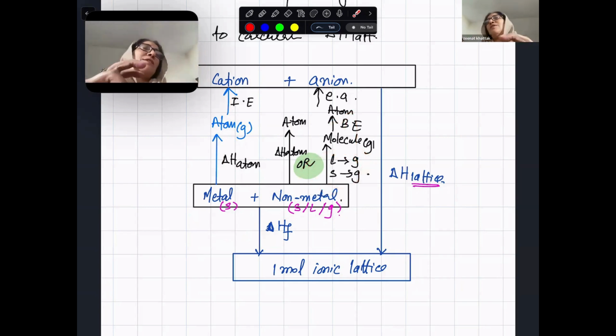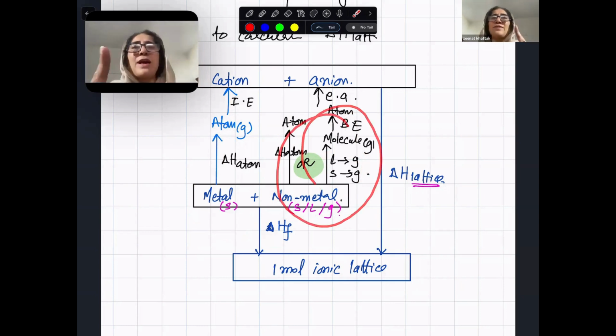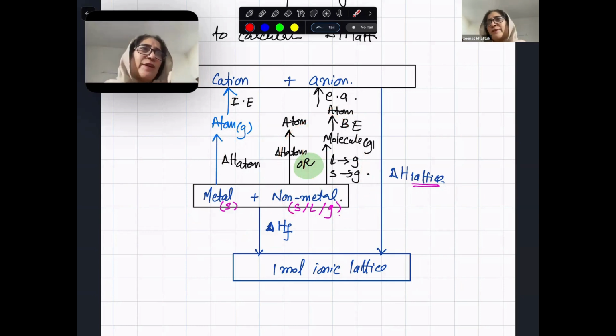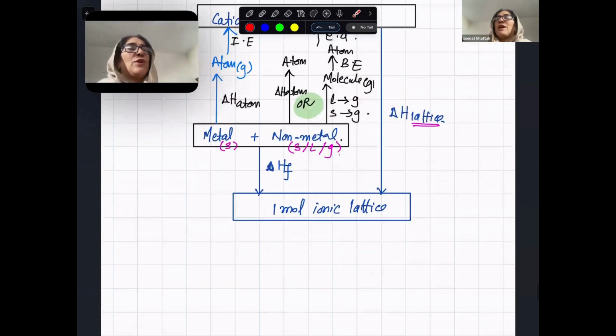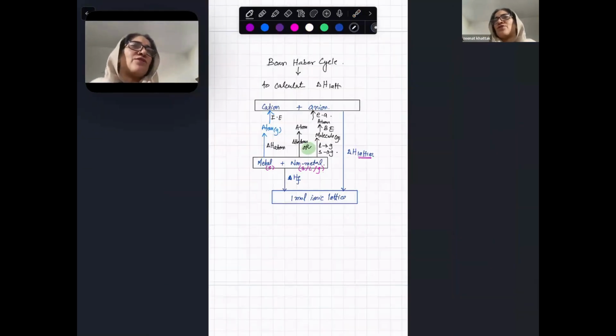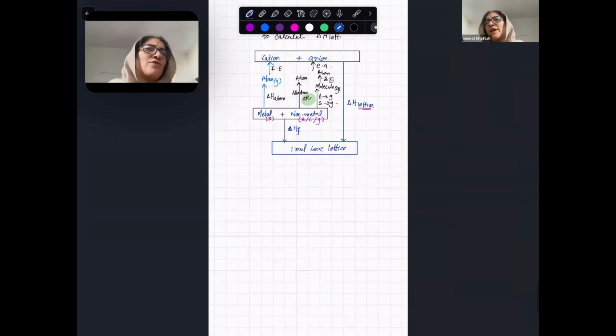Because this is the only place where I've seen the students struggle. So if you already know that for solid and liquid, I have to vaporize and then I will use bond energy and then I will get the atoms and the atom gains electron, so becomes an ion.